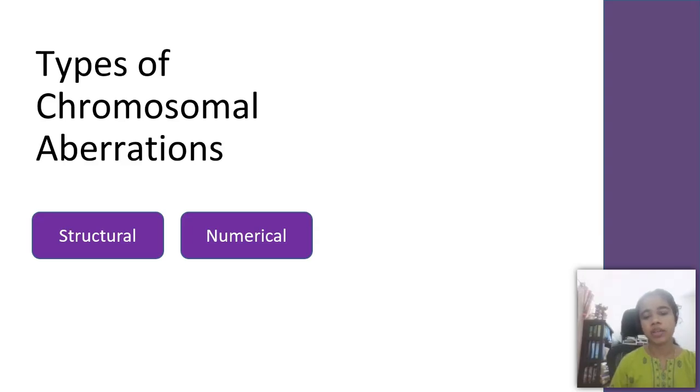Chromosomal aberrations fall into two big categories: structural aberrations and numerical aberrations. Structural aberration is when a chromosome's structure changes. Numerical aberration is when the number of chromosomes changes. These two groups explain almost every major genetic disorder which we see.